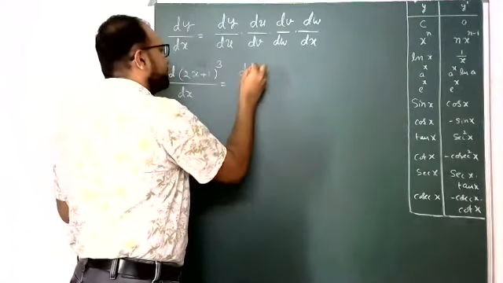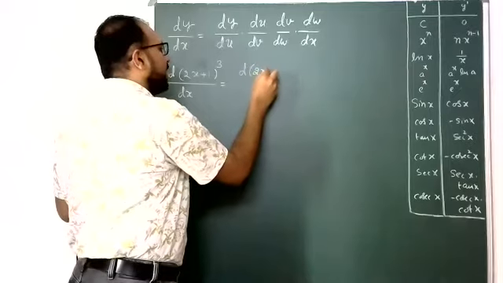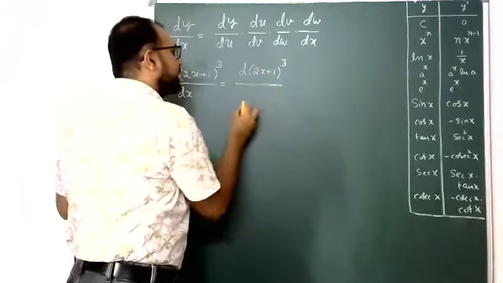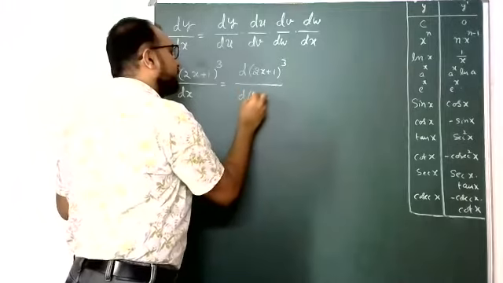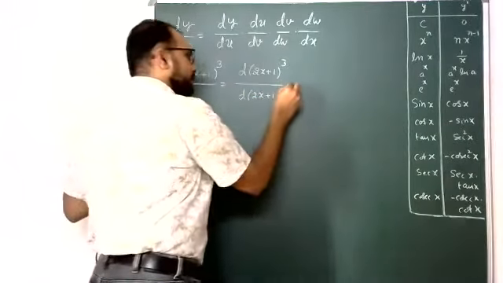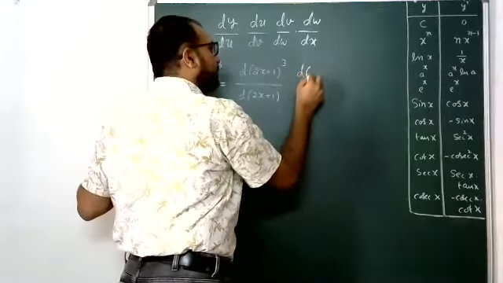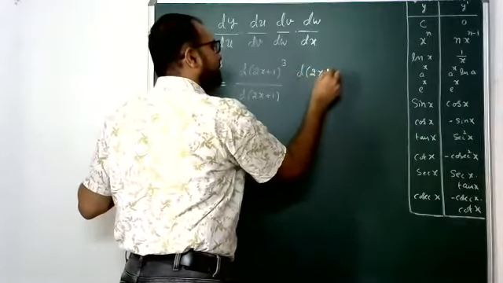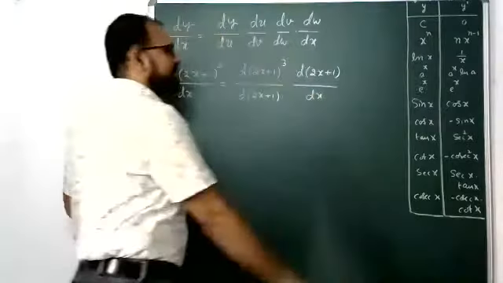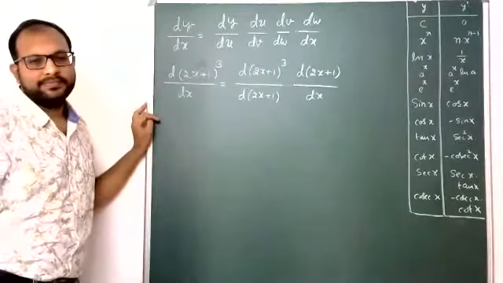So now how to write this, just wait. Derivative of (2x plus 1) whole cube with respect to (2x plus 1) into derivative of (2x plus 1) with respect to x, right?